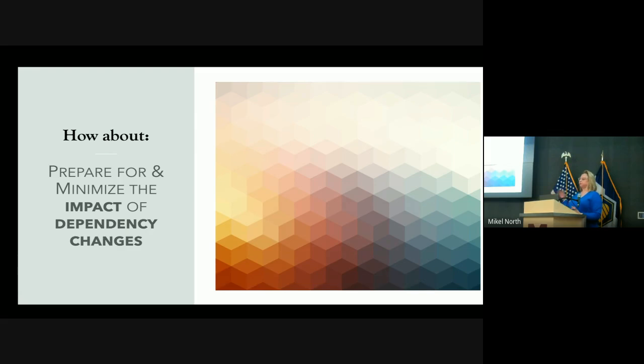Prepare for and minimize the impact of dependency changes. So I don't know how many of you are in a situation like me and the team I'm on right now. Dependency changes and dependency problems are some of the worst things that we deal with.